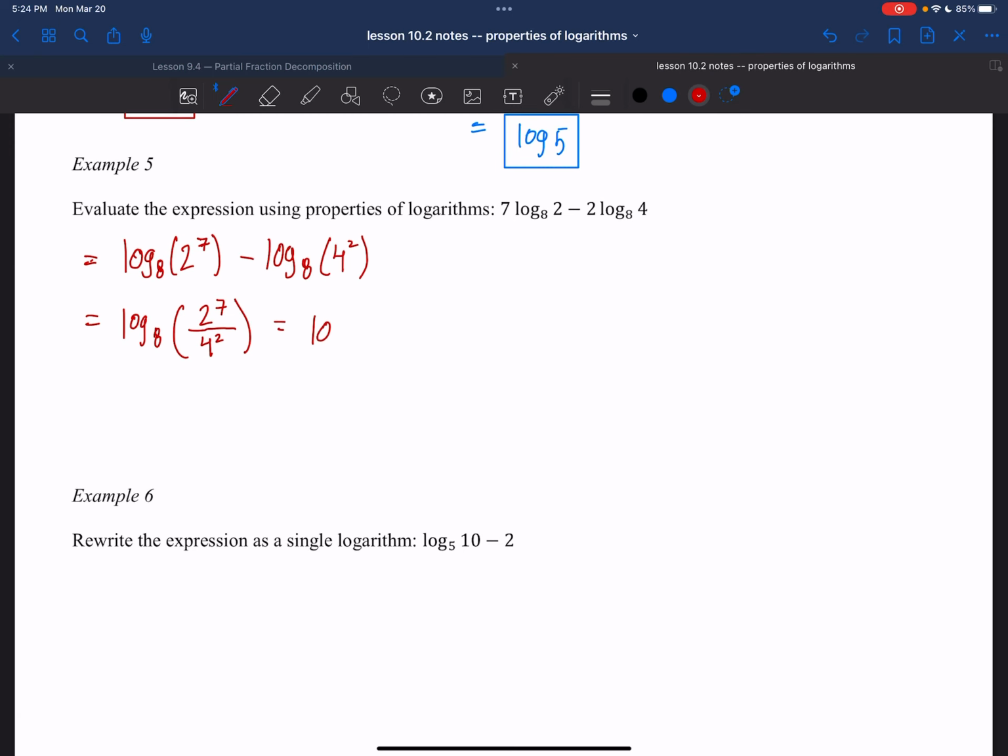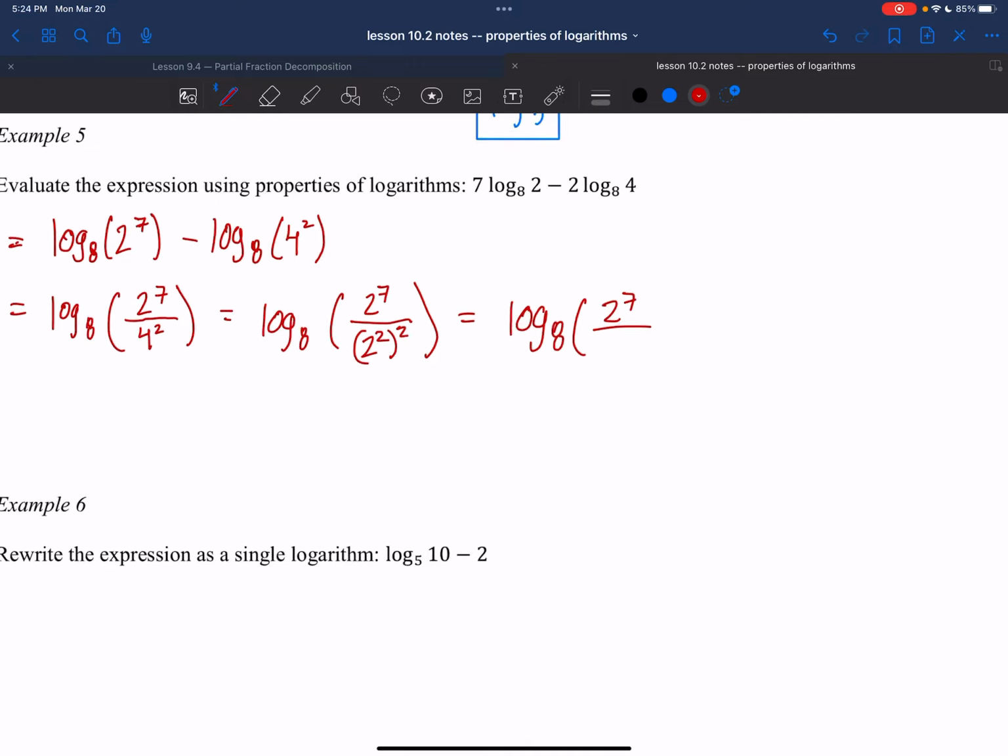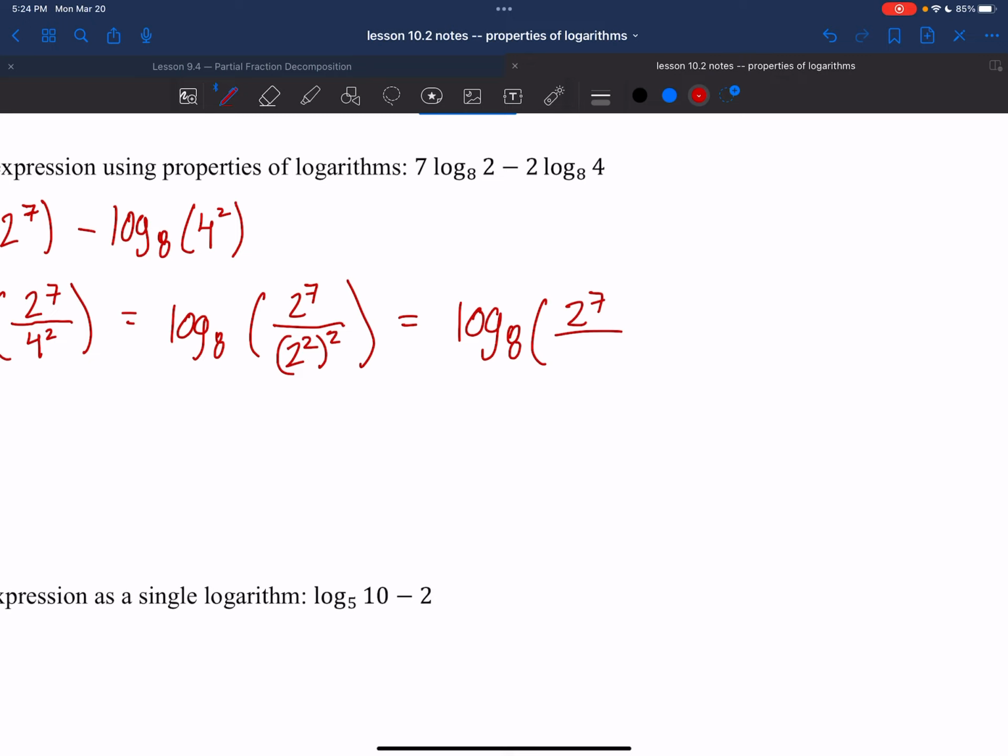Well, 2 to the power of 7, and 4 is 2 squared. So this is actually 2 squared, believe it or not. So that's actually log base 8 of 2 to the power of 7 over, what did I do? Multiply them, right? I say 2 to the power of 4 here.